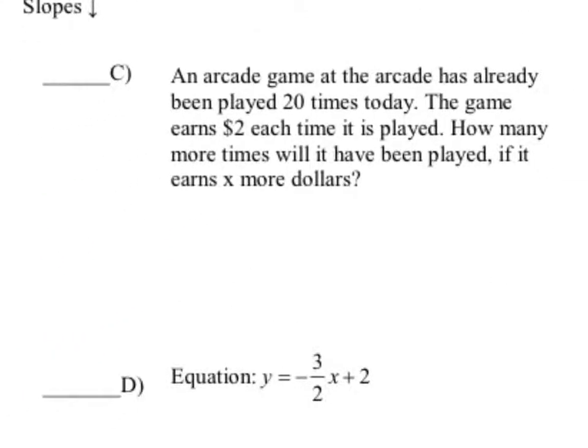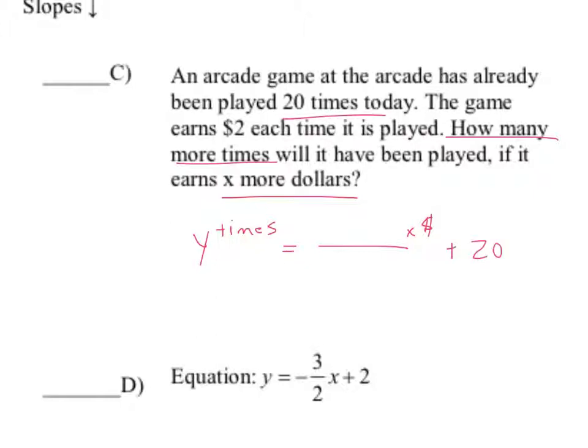Coming over here, I need the rate for this situation. This is the one that most people missed because they didn't pay attention to the units. I need to know how many more times, so y times is equal to my rate times x dollars plus 20 times.